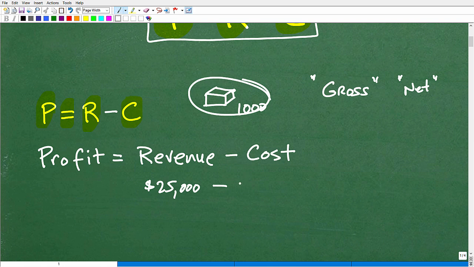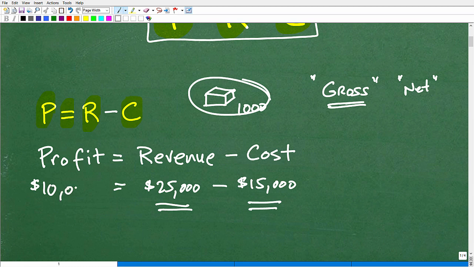Maybe you had to spend $15,000 in manufacturing expenses to actually make them. So although you sold $25,000, that was your gross revenue. You have some cost associated here, so you have to subtract your cost from your total gross, and 25,000 minus 15,000 would be what? $10,000 in profit. We call this net profit.